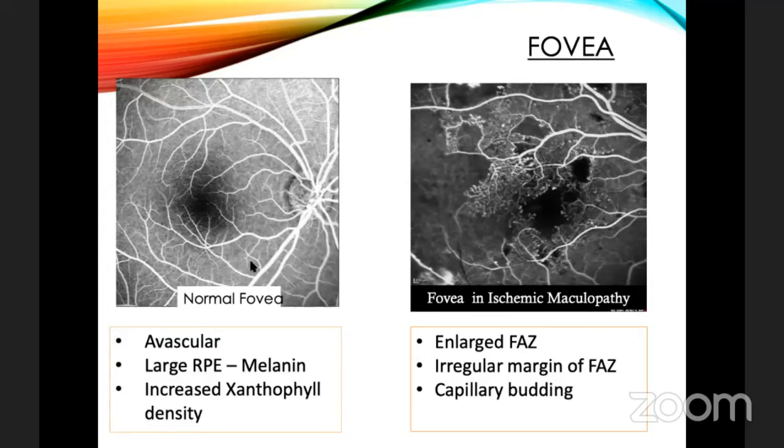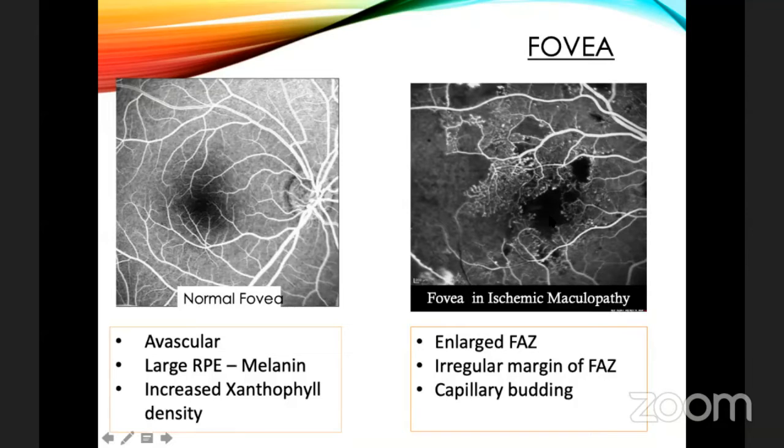This is a photo of an angiogram where we can see the normal fovea, which is dark due to avascularity, and because of the melanin, the fluorescence from the choroidal vasculature is blocked, and also the increased xanthophyll density blocks the fluorescence from the deeper choroidal vessels. So why is it important to look at the normal fovea?